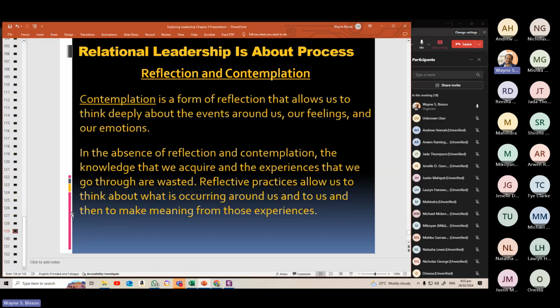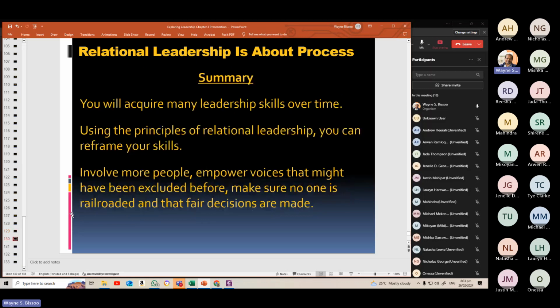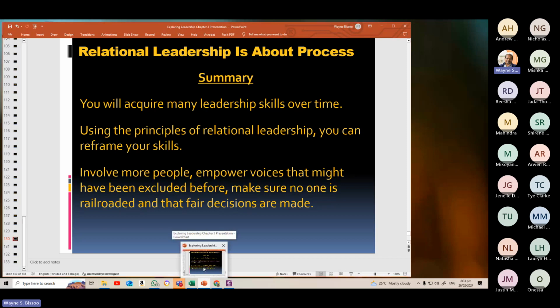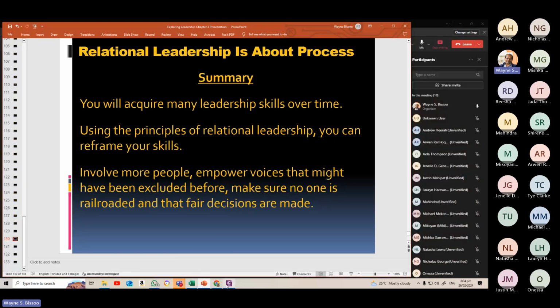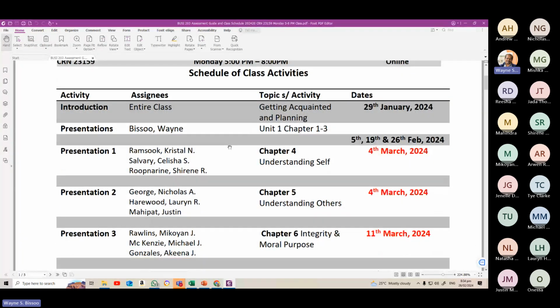All right, so that kind of thing brings us to the end of this whole process. We are going to have some more detailed examinations of certain aspects. So when we look at the other chapters that have to be presented, we'd see understanding self.